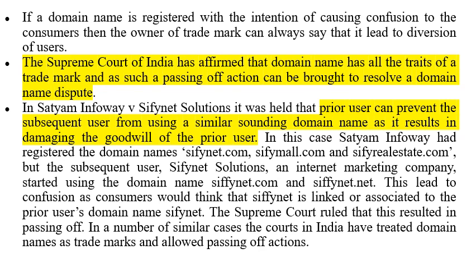In India, there is the .in registry which registers the domain names, and for resolving disputes pertaining to the .in domains, NIXI, that is the National Internet Exchange of India, has evolved a dispute resolution mechanism, namely the INDRP, that is the .in Domain Name Dispute Resolution Policy, which is formulated in line with the UDRP, right?